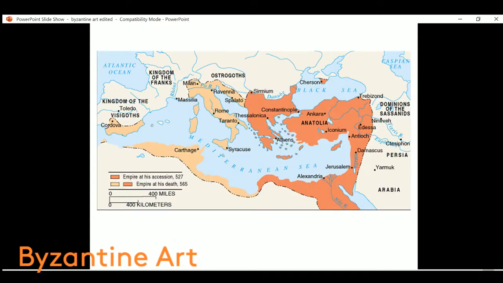So this map shows the split of the empire during Emperor Diocletian. The split of the empire also caused a religious rift, creating the Catholic Church in the west, which is here, right, and the Orthodox Church in the east, which is here.